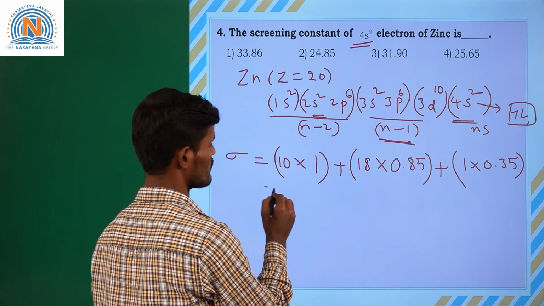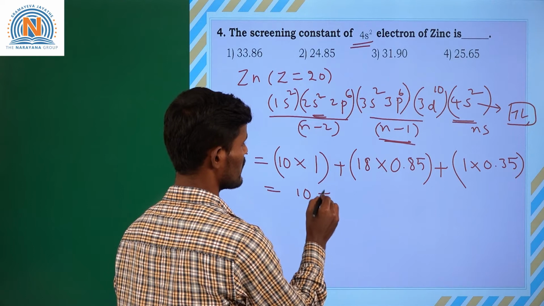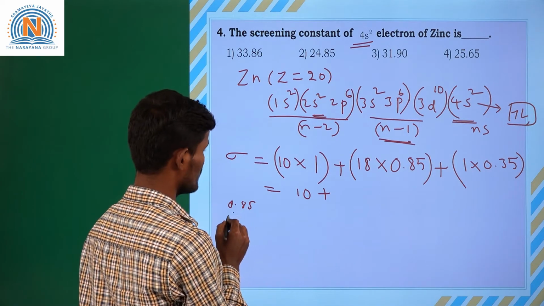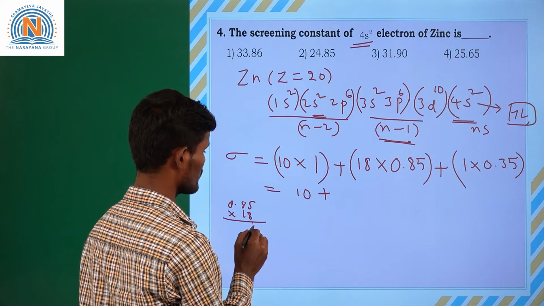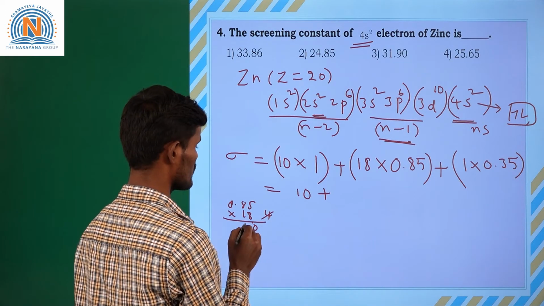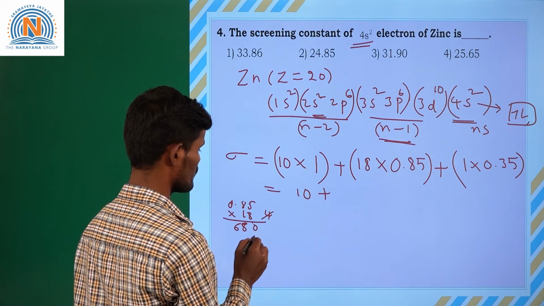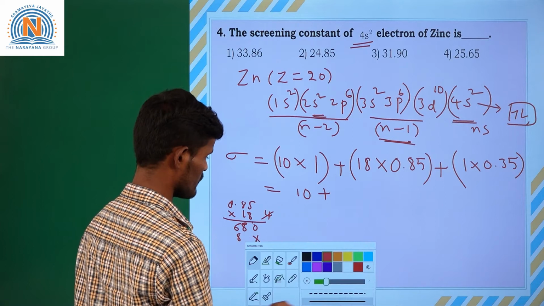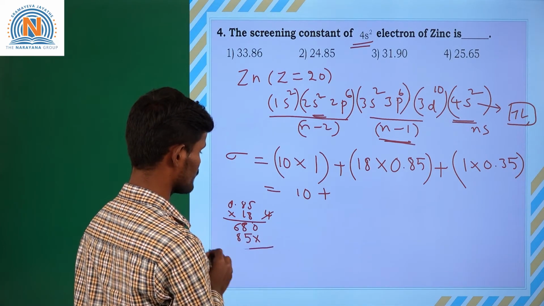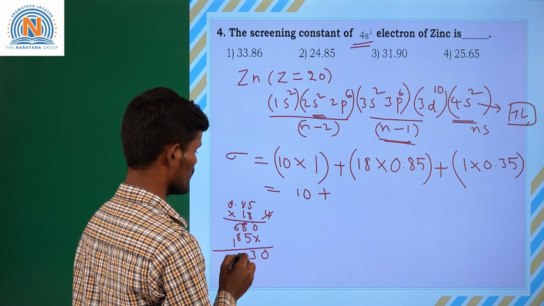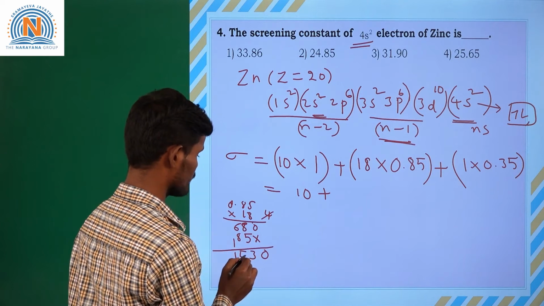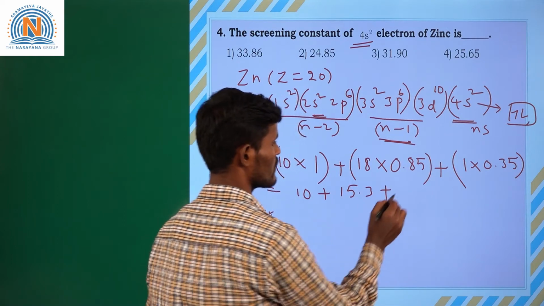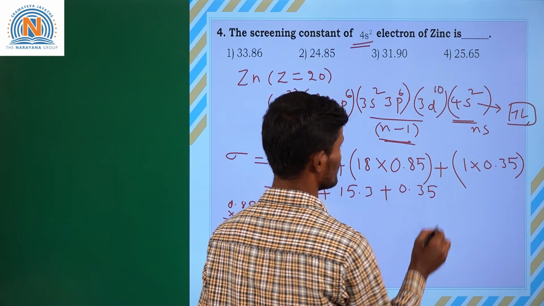Do the calculation. 10 into 1 is equal to 10, plus 0.85 into 18. 8 fives are 40, giving 15.3, plus 0.35.